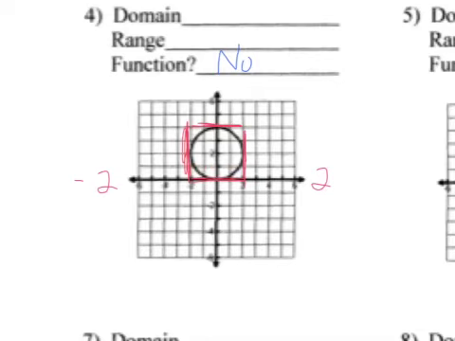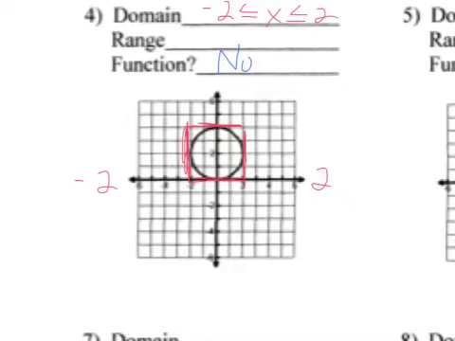So no matter what point I pick on this graph or on this picture, it's all going to be between these two values. And so I'm going to write that down as -2, the minimum value, is less than or equal to x, and x is less than or equal to 2.